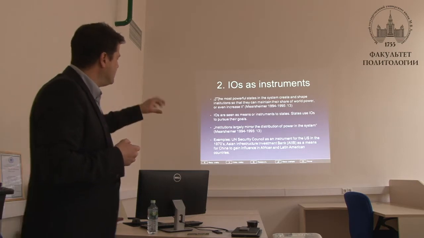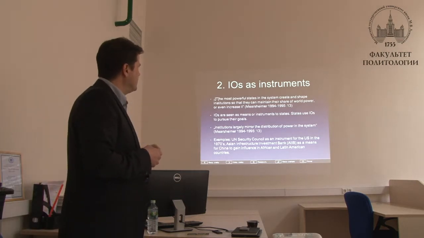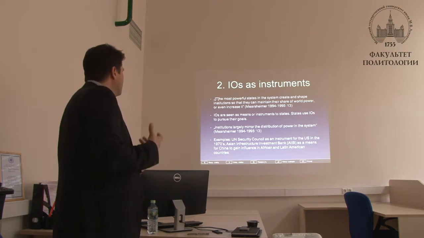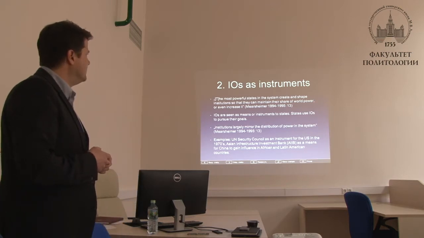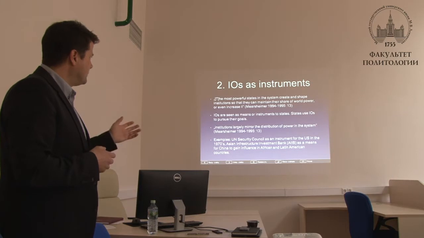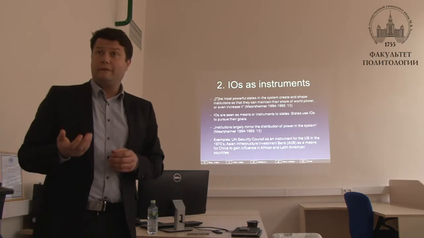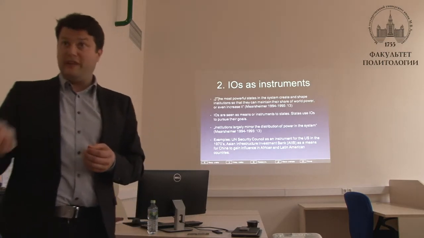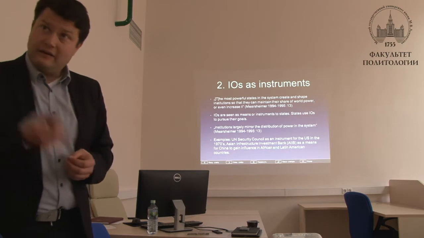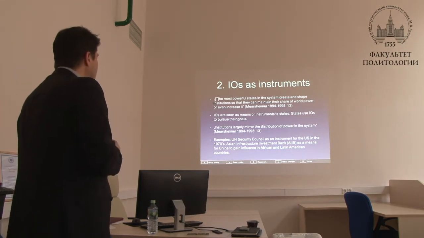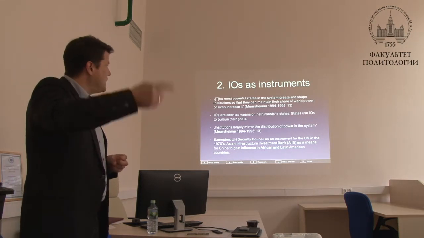So this could be seen as an illustration for this third point, that institutions largely mirror the distribution of power in the system. Examples are, as I've said, the UN Security Council, where we also have a kind of weighted voting because we have the five veto powers, and the other members of the Security Council change every 2 years.